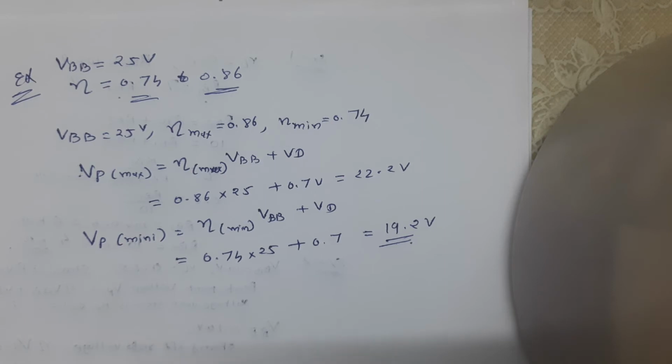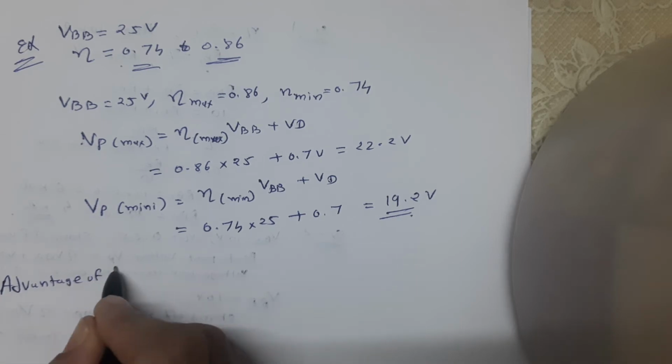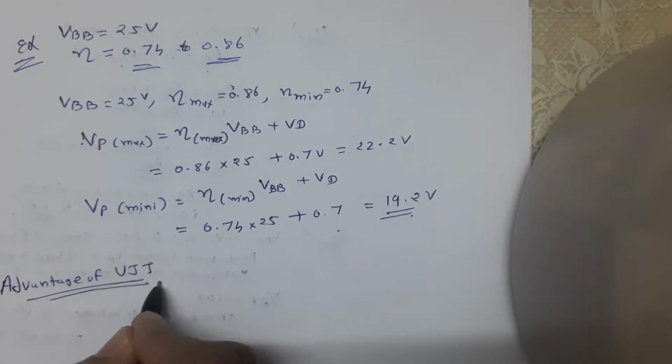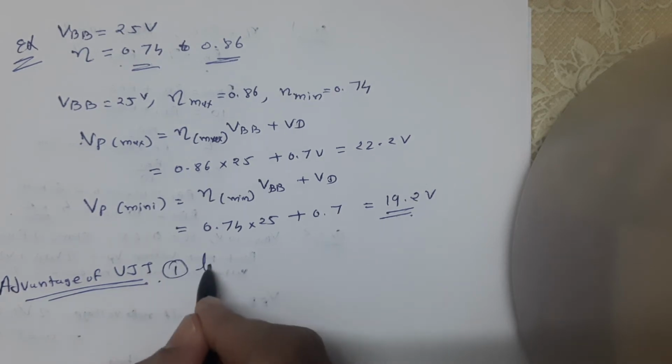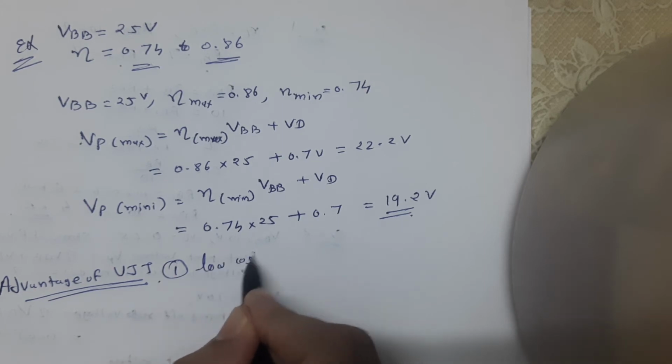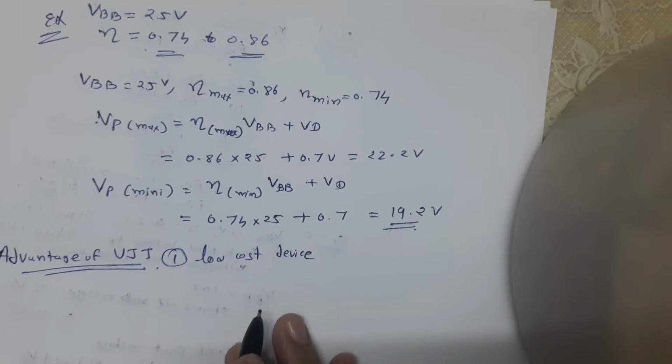The advantages of the UJT. Now we are discussing the advantages of the UJT. The first advantage is that it is a low cost device, the cost is very low.